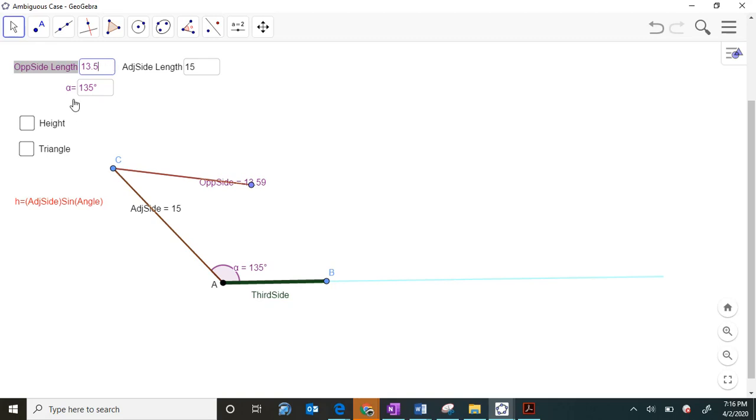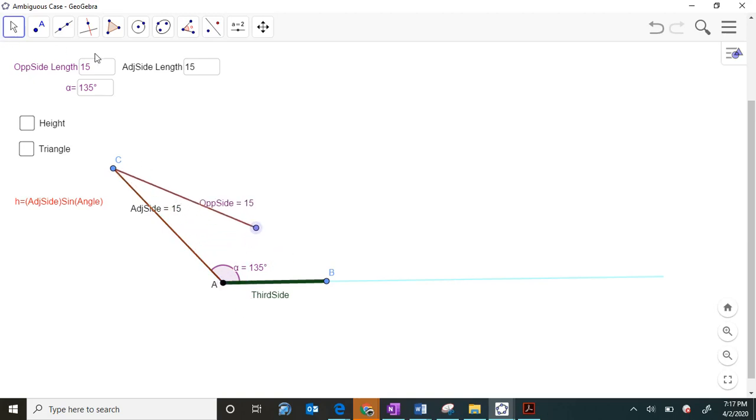If I do 14, this is not going to reach either. And then, of course, if it's 15, it's going to reach, but it's not going to form a triangle, because it's just going to lie right on top of that angle right there, so it's not going to form a triangle at all.